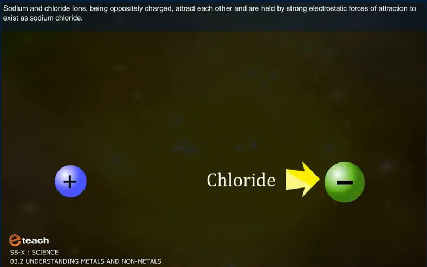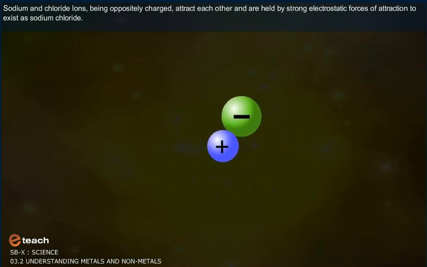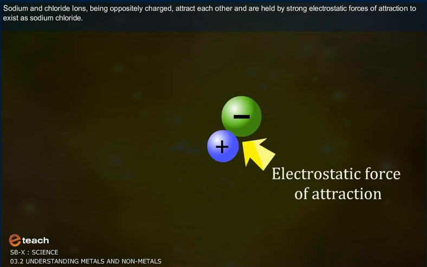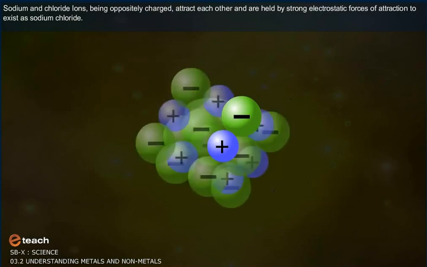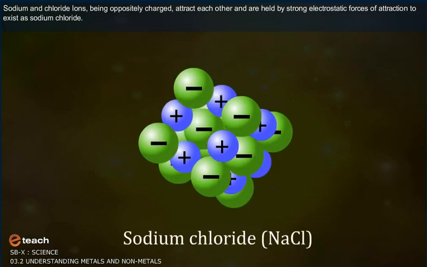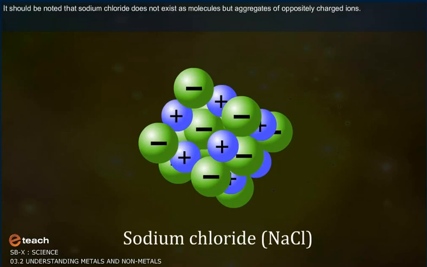Sodium and chloride ions, being oppositely charged, attract each other and are held by strong electrostatic forces of attraction to exist as sodium chloride, NaCl. It should be noted that sodium chloride does not exist as molecules but as aggregates of oppositely charged ions.